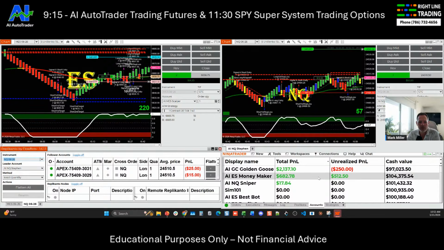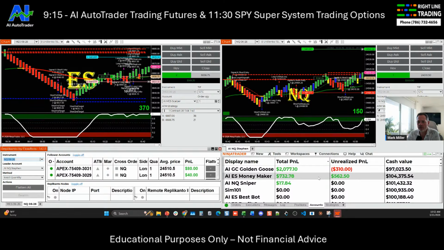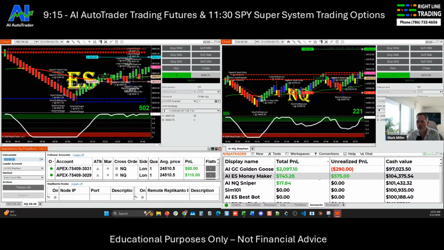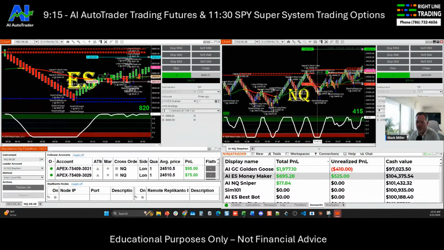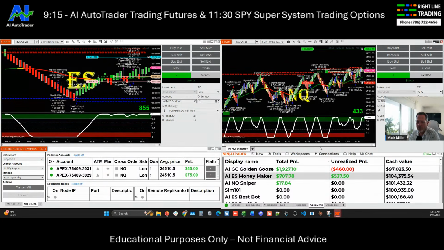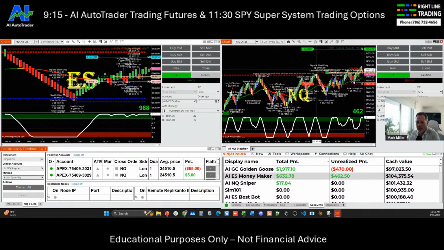ES is kind of moving up nicely though. All indications are going north. Here we go. We'll see how far we run. We're going to pop through this thing though. Last time it didn't run very far. It ran about 5 points at the most.